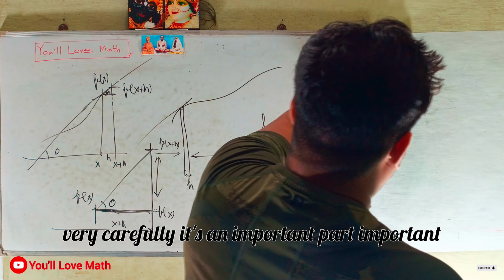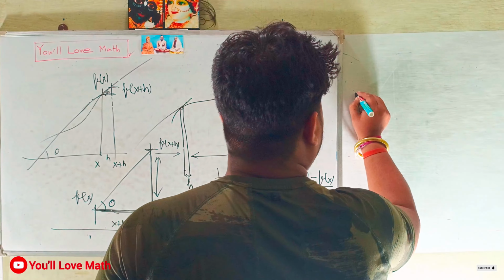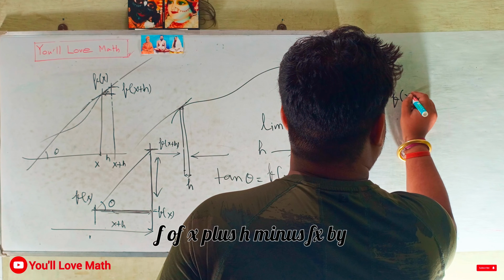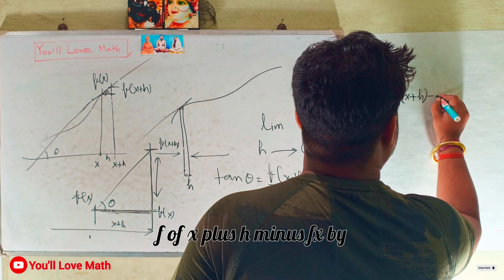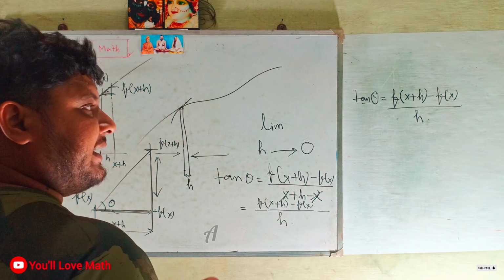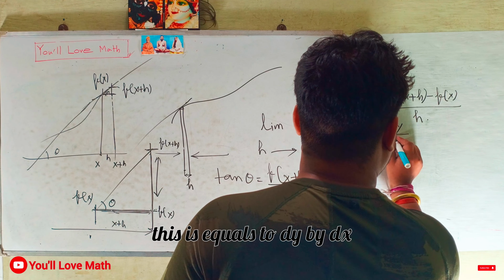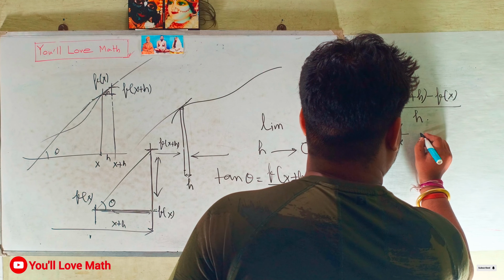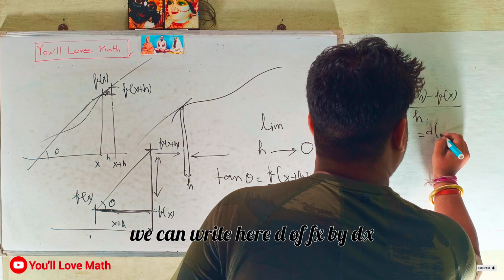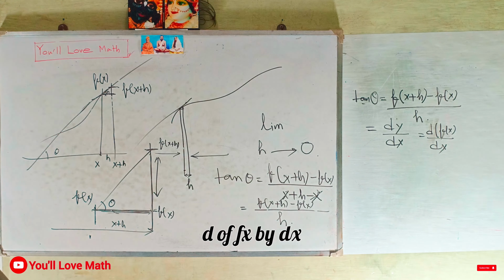Understand very carefully, it's an important part we are covering here: tan theta equals f(x plus h) minus f(x) by h. Fine. And this is equal to dy by dx. What is y? We can write here d of f(x) by dx.